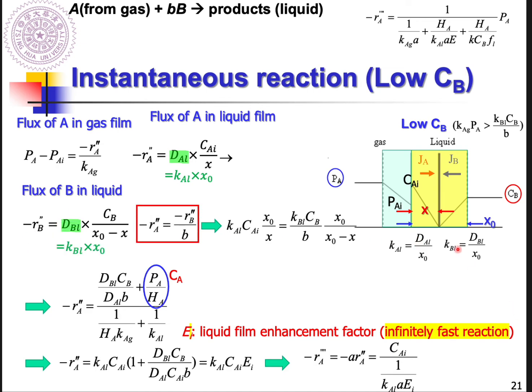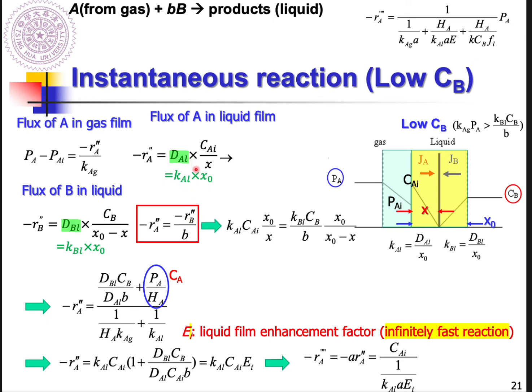The transport coefficient KBL equals the diffusivity divided by the thickness x0. So DBL can be expressed as KBL times x0. And as we know the relationship between JA and JB, right? Because 1 mole of A reacts with b moles of B. So b times JA equals JB.